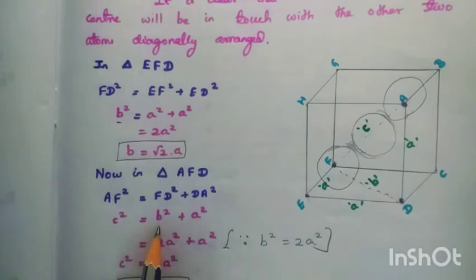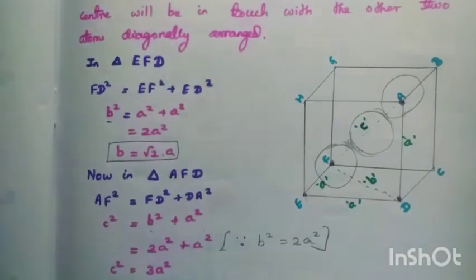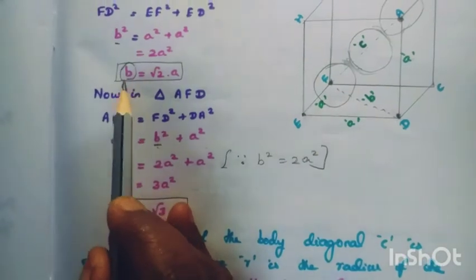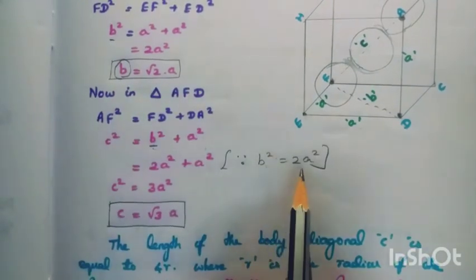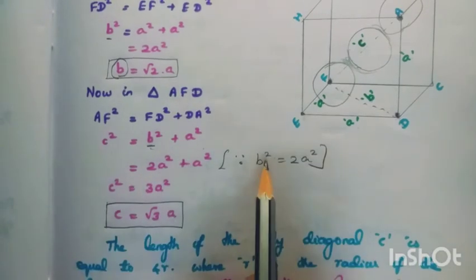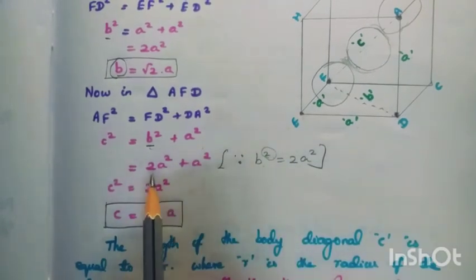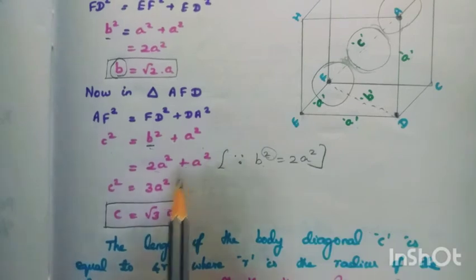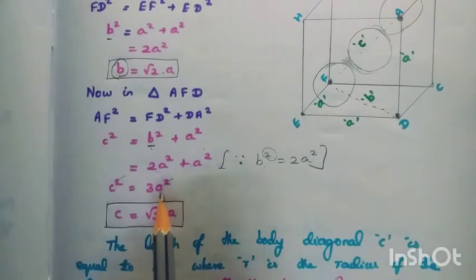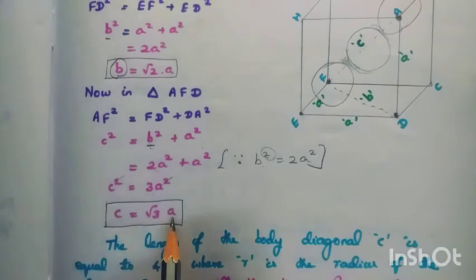So c square is equal to b square plus a square. We know b is equal to root 2 a, so b square is equal to 2a square. Substituting, 2a square plus a square, 2 plus 1, 3a square. So c square is equal to 3a square. Removing the square, c is equal to root 3 into a.